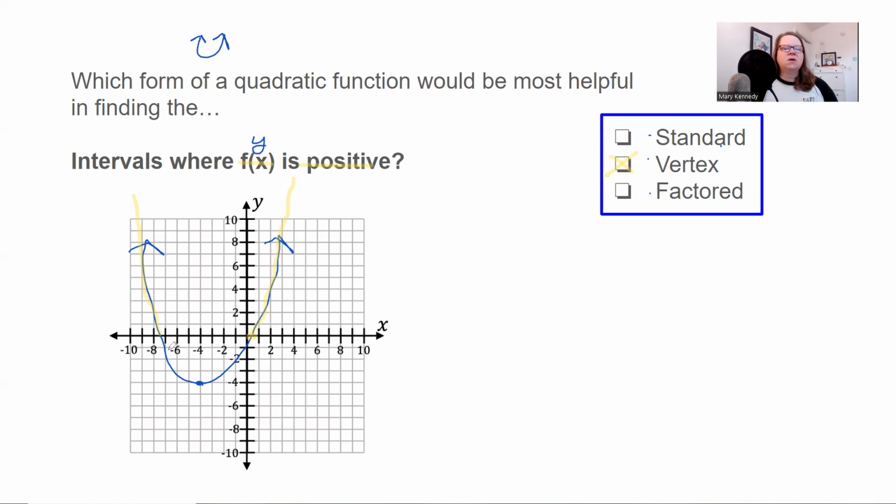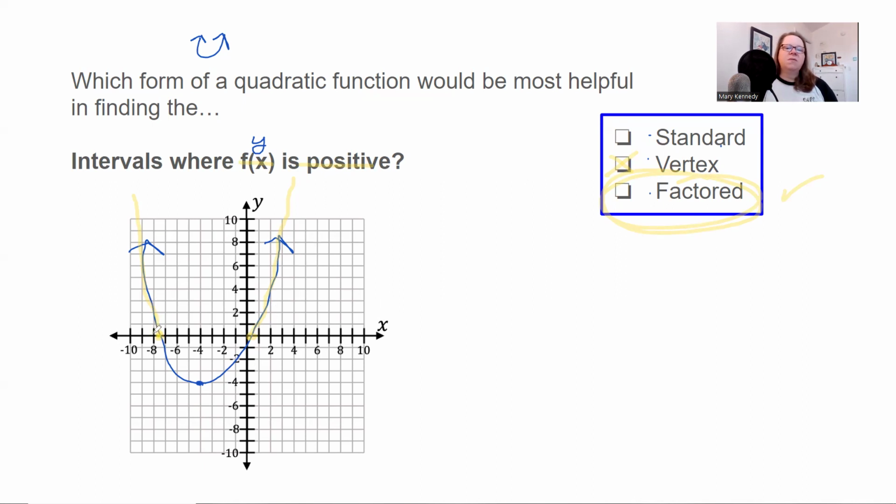Where this starts is always based on these x-intercepts. And these x-intercepts are from factored form. So that's what I'm looking for when I want to know when the y values are positive. If I've got it already factored and I can go straight to my x-intercepts, then I can automatically see, oh, this one's opening up.